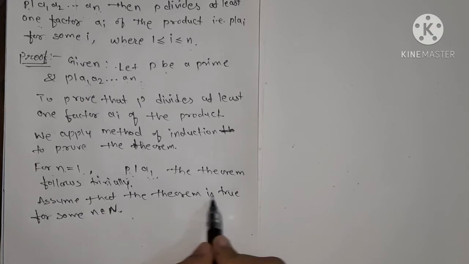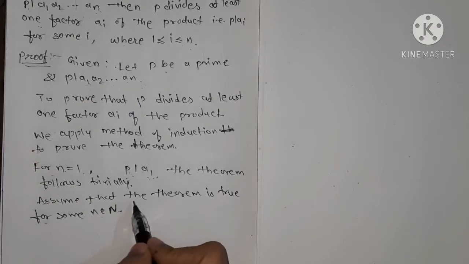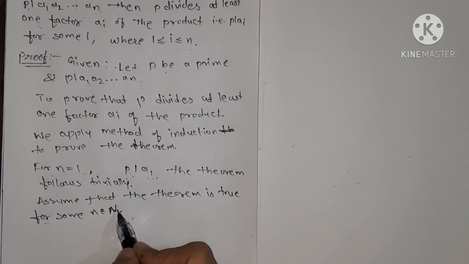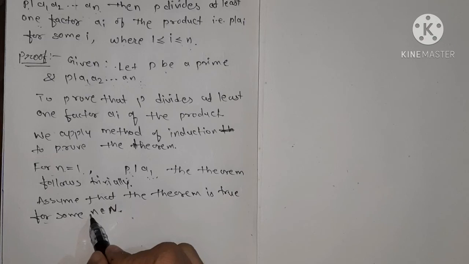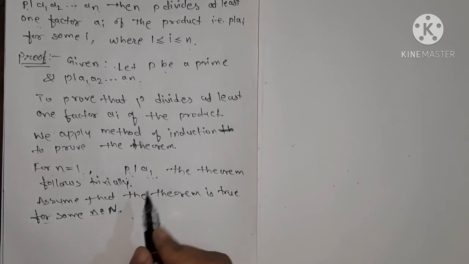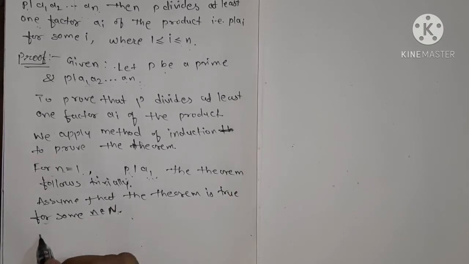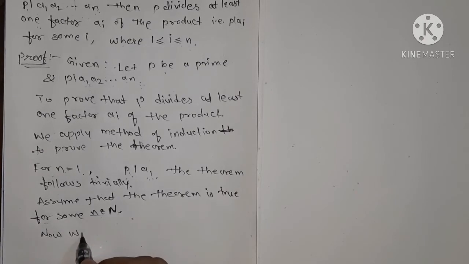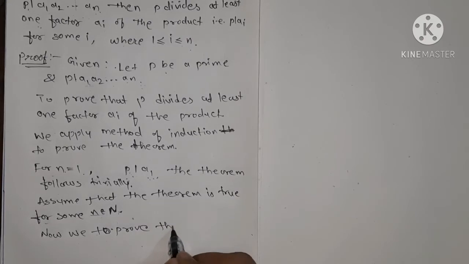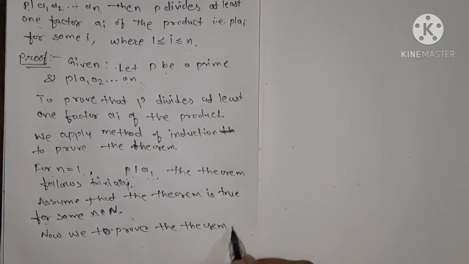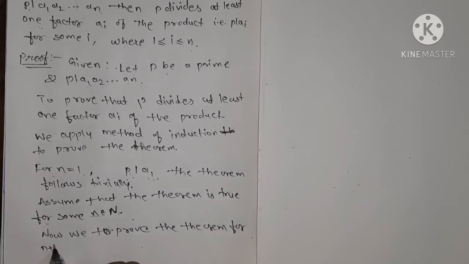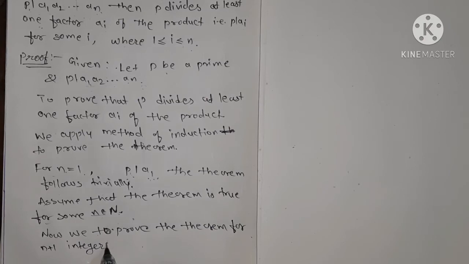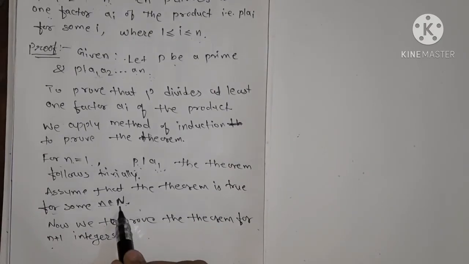Now if the theorem is true for some n belongs to N, we have to prove that the theorem is true for n plus 1, that is some bigger integer than this. Okay, so we have to prove the theorem for n plus 1, which is a natural number.